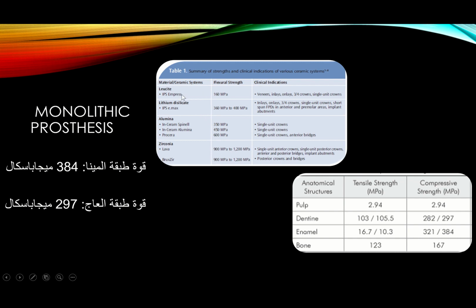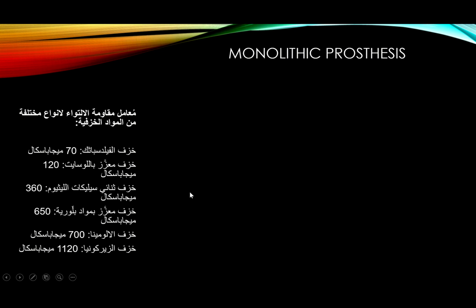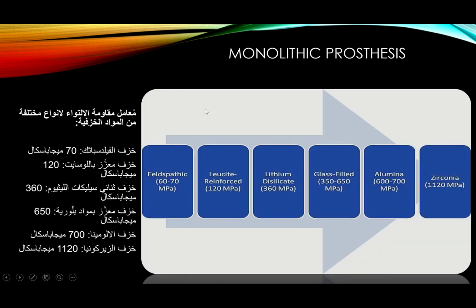This is the old Empress, 160 megapascal; lithium disilicate around 360 to 400; alumina, In-Ceram Spinell, In-Ceram Alumina, Procera, if you remember the older Procera, up to 600; Lava, Procera zirconia, up to 1200. We will see, like I said, many numbers from other studies that show different limits. Always think of it as an average.